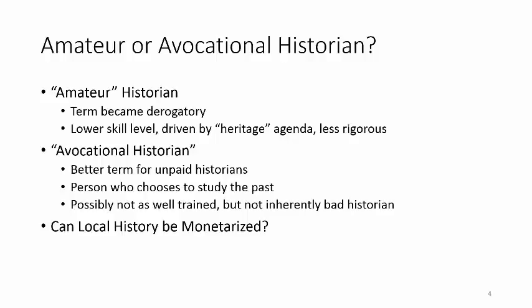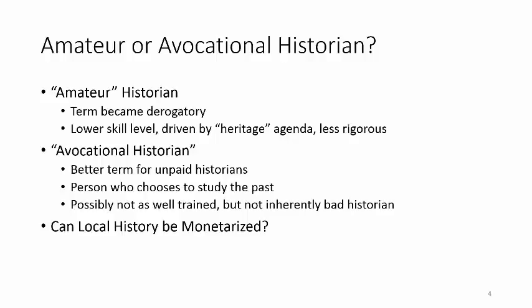Many times we call local historians amateurs. However, Carol Common, who is an exceptional writer, a seminal writer in the world of local history, has a real problem with the label amateur, mostly because it's come to become a derogatory term. Rather than meaning for the love of the work, it has come to mean less skilled, less well-trained, agenda-driven.